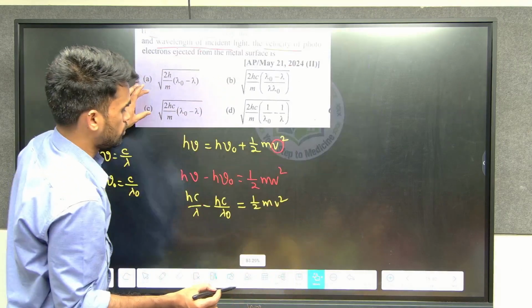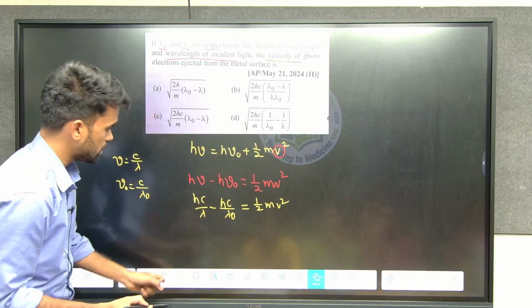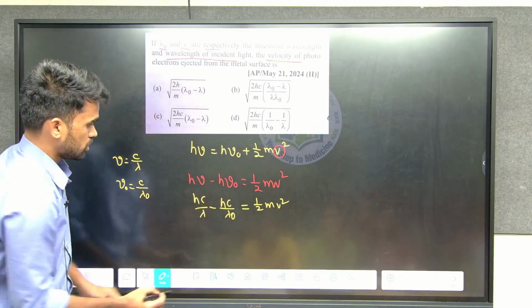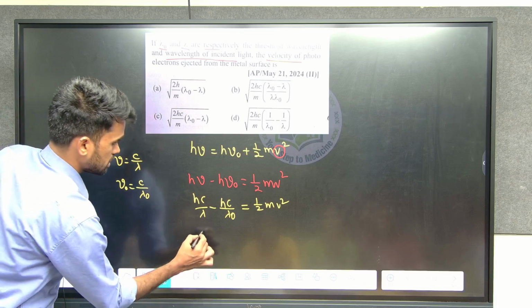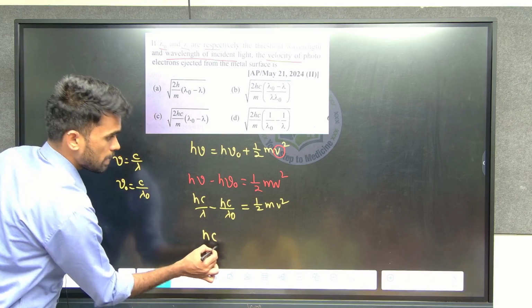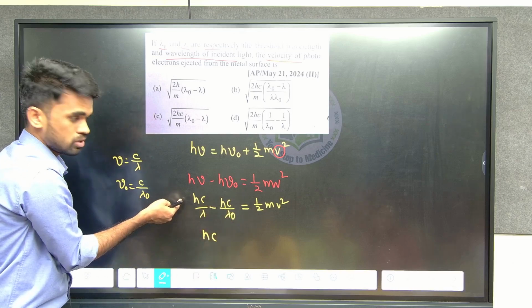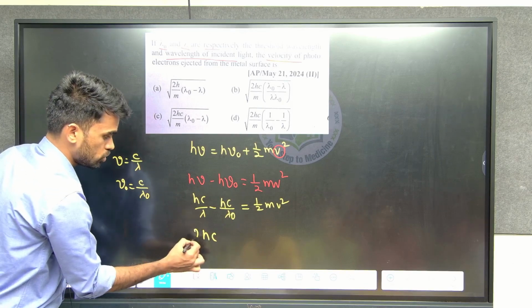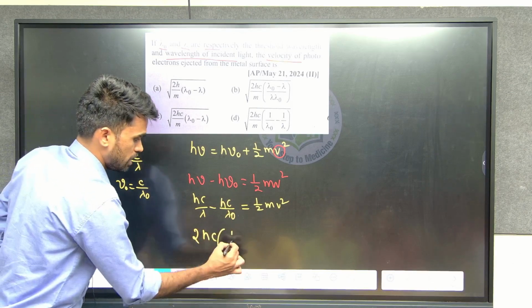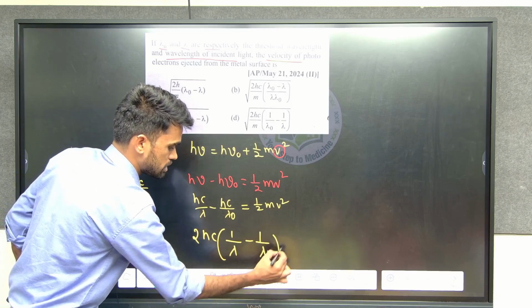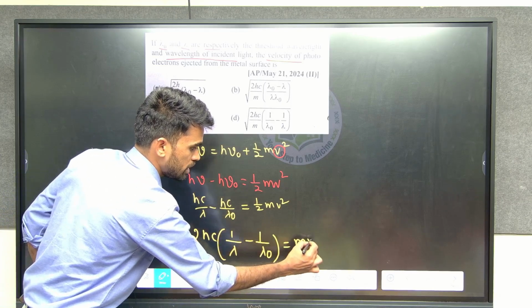Next, what is common I can take here? hc. And if I bring this to this side, the denominator becomes numerator, so 2 is common here. Next, 1 by lambda minus 1 by lambda naught equals mv square.